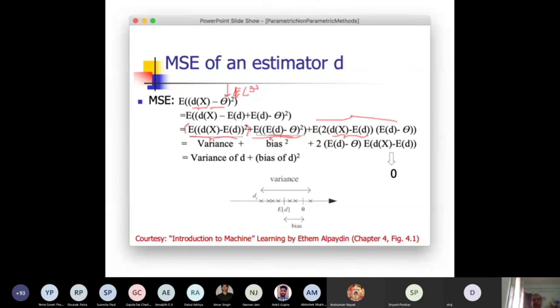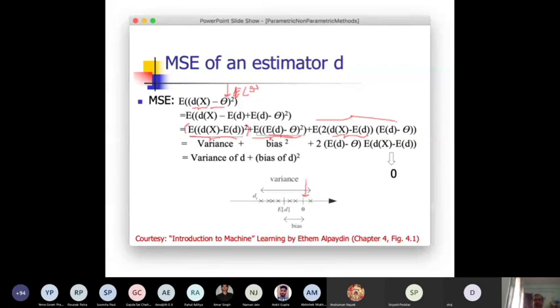If your true value of theta is deviated from the expected value, this introduces a bias. So on the average, the square error from this true value would be the variance plus the square of the bias. It's very nice to see this kind of relation.